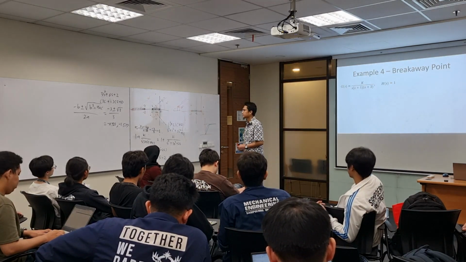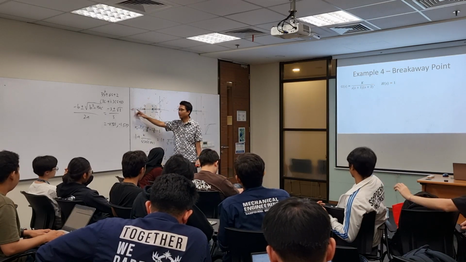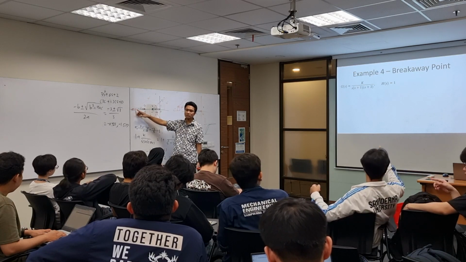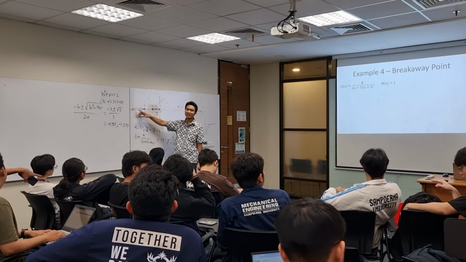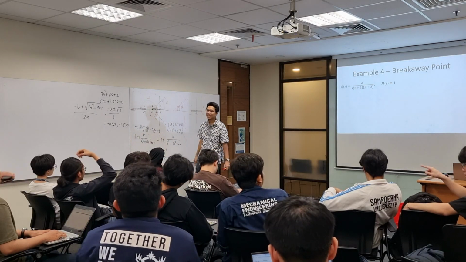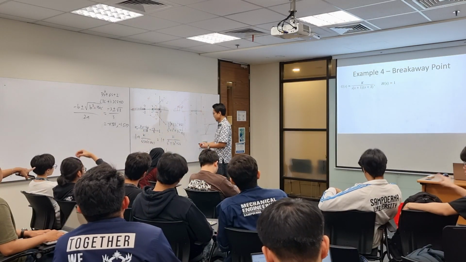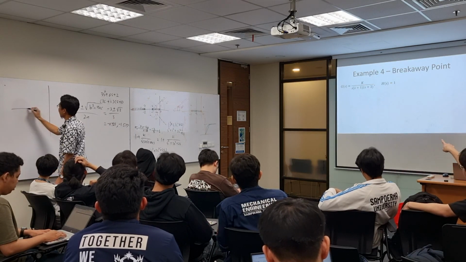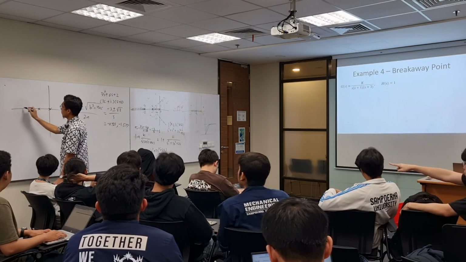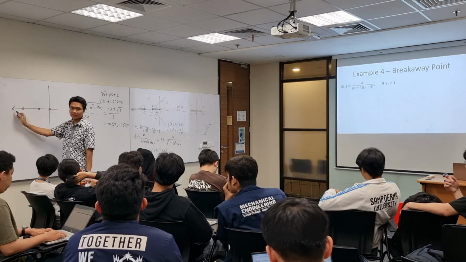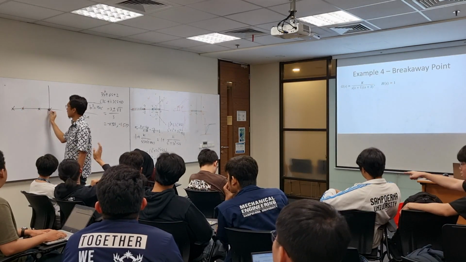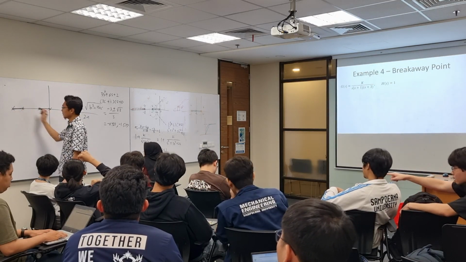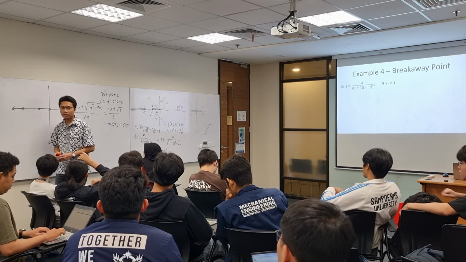For example, if I add another open loop pole here, one here and one there, how does the root locus look like? Where will they go?